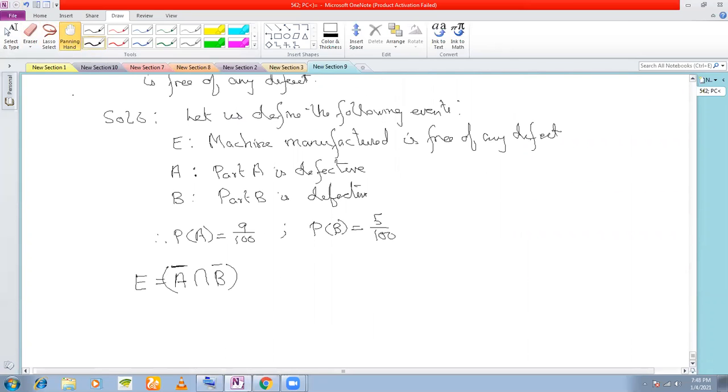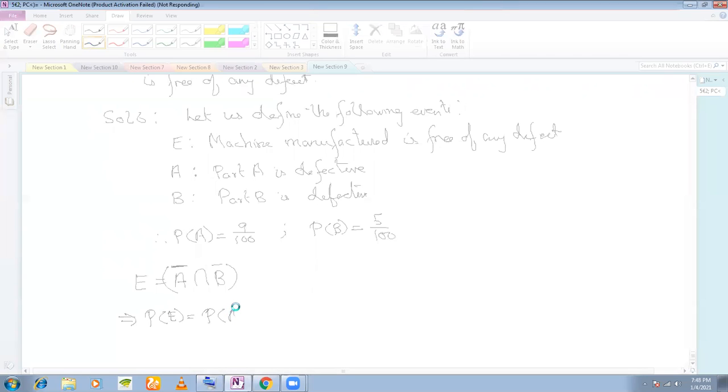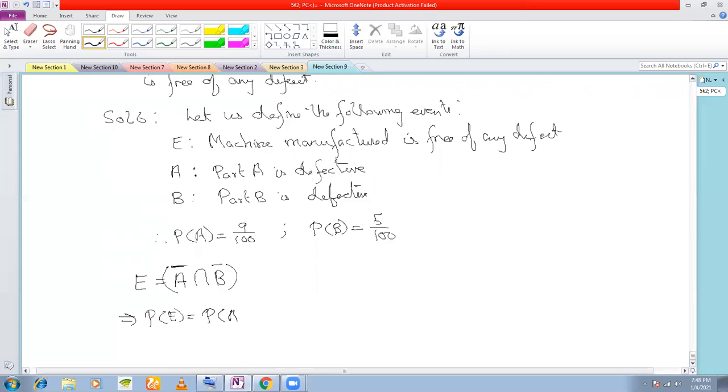So that means PE is equal to P of A bar intersection B bar, which is equal to, now A and B are independent. That means P of A bar intersection B bar must be equal to PA bar into PB bar, since A and B are independent events.